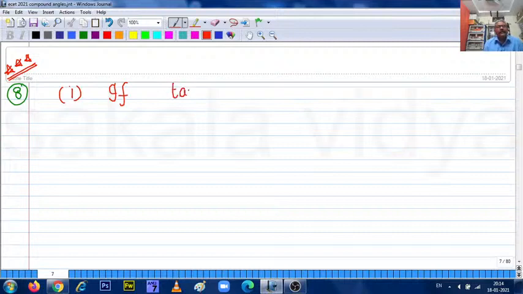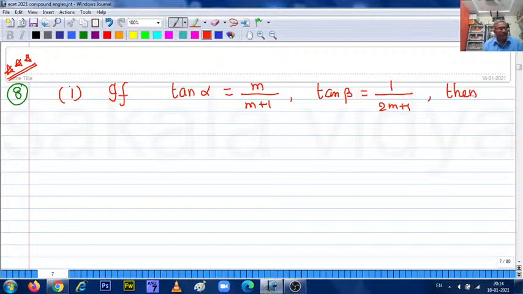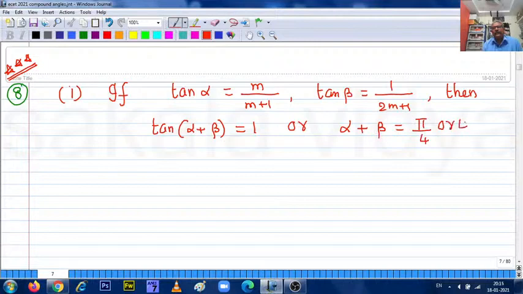tan alpha is equal to m upon m plus 1, this is m, this is more than 1, m plus 1, and tan beta is equal to 1 upon 2m plus 1, then tan of alpha plus beta always equals 1, or alpha plus beta is equal to pi by 4 or 45 degrees.